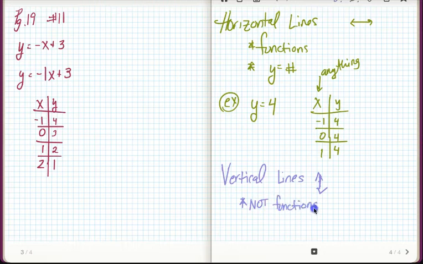They are still lines, however, okay, because a vertical line is, in fact, a line. So we would consider it linear. Vertical lines are of the form x equals some number. So I might have, for example, x equals 6. Let me go ahead and just move my notes over to the next page.